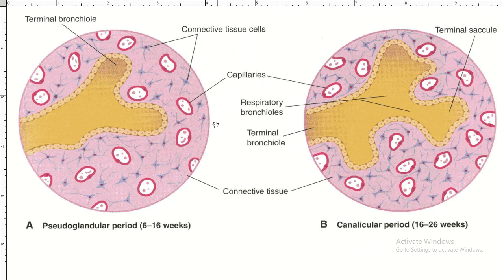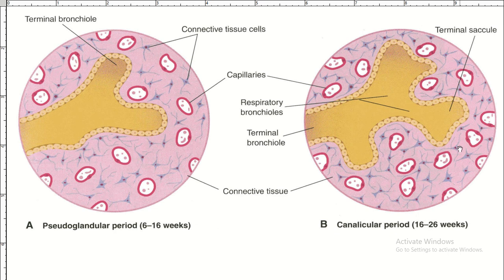Right, so you can clearly see the canalicular period. So this is your terminal bronchi, right? That was your pseudoglandular stage, your terminal bronchi. When your terminal bronchi further divide into respiratory bronchi, you're going to form... Now we are in the canalicular period, 16 to 26, like I said.